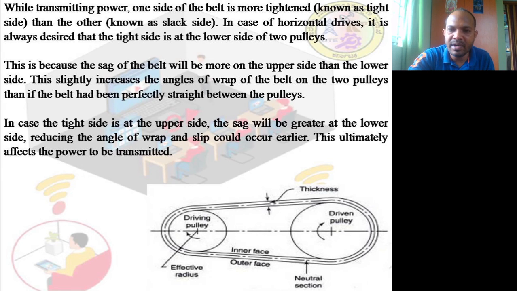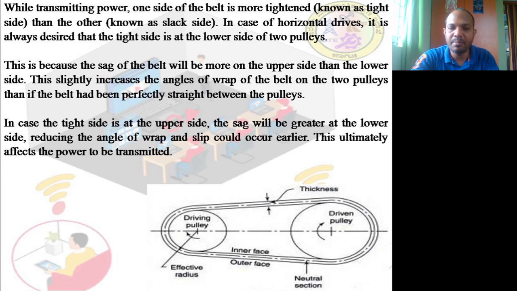Once again, when it comes in contact with the driven pulley, it will be extended once again and becomes a tight side. Obviously, with common sense, when I pull this it experiences tightness, and when I release it, it becomes slack. If you take a rubber band, this is a tight side and this is a slack side. It experiences an extension and it releases.